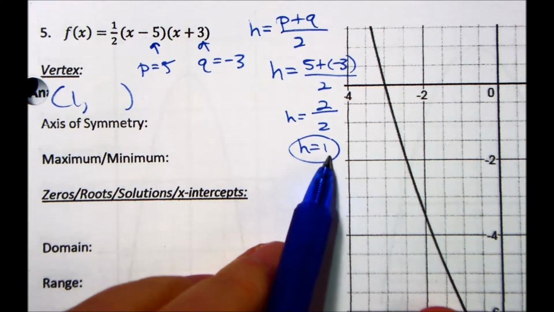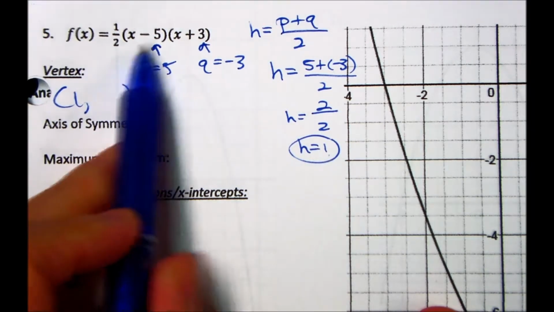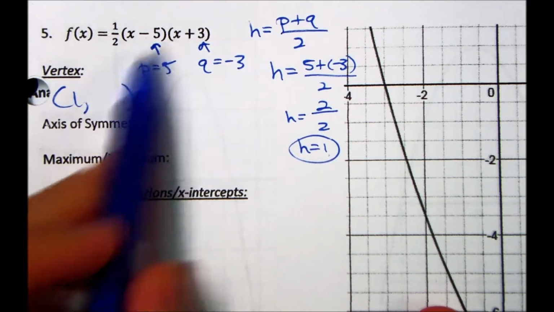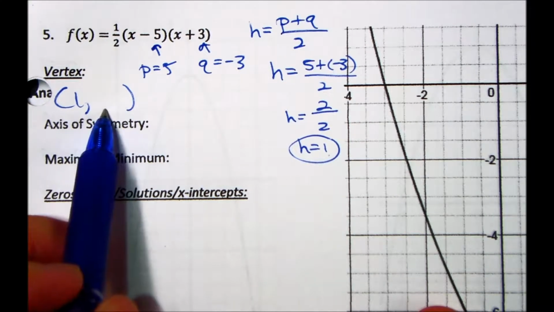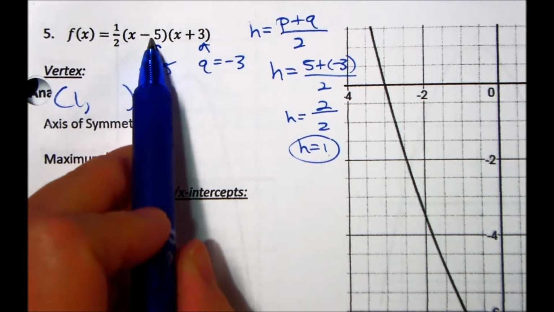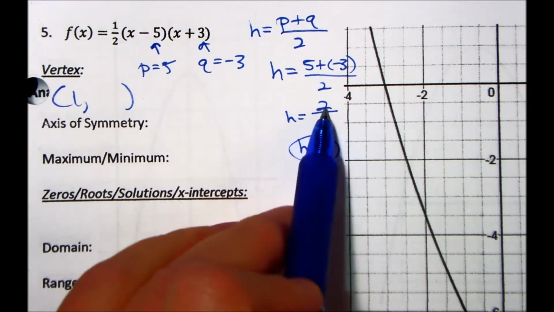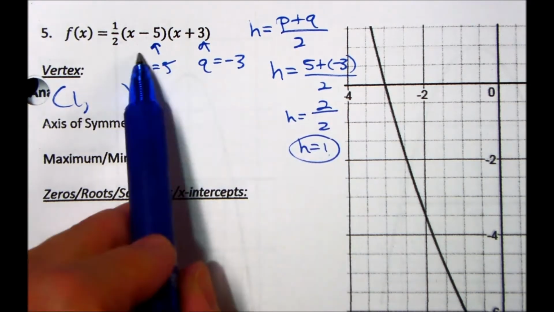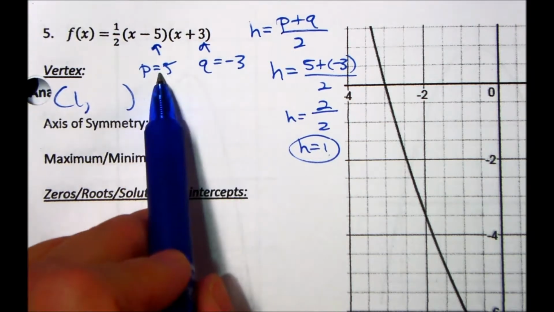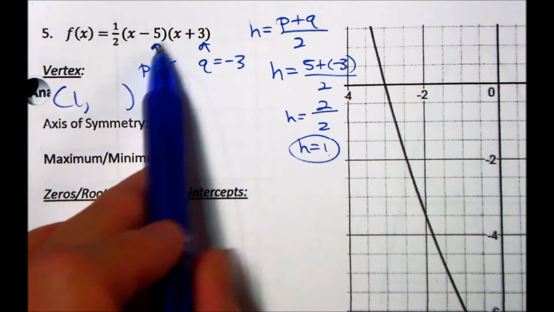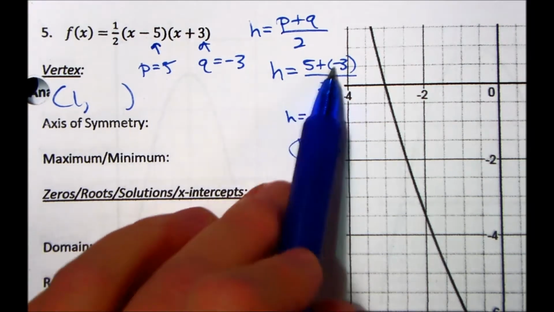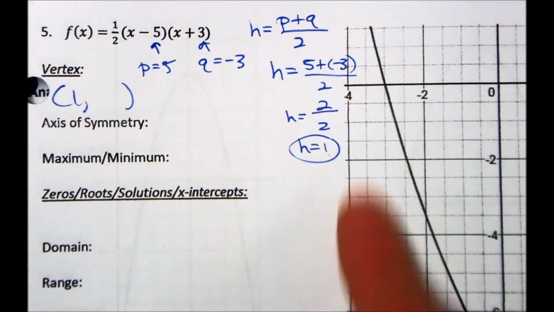And then you would substitute 1 now into this equation for x to find the y-coordinate of the vertex. But had you taken the negative 5 and 3 and added those together, instead of positive 2 in the numerator, you would have gotten negative 2. So it's important that you find the actual values of p and q by changing those signs, and then add those together and divide by 2 to get your h value.